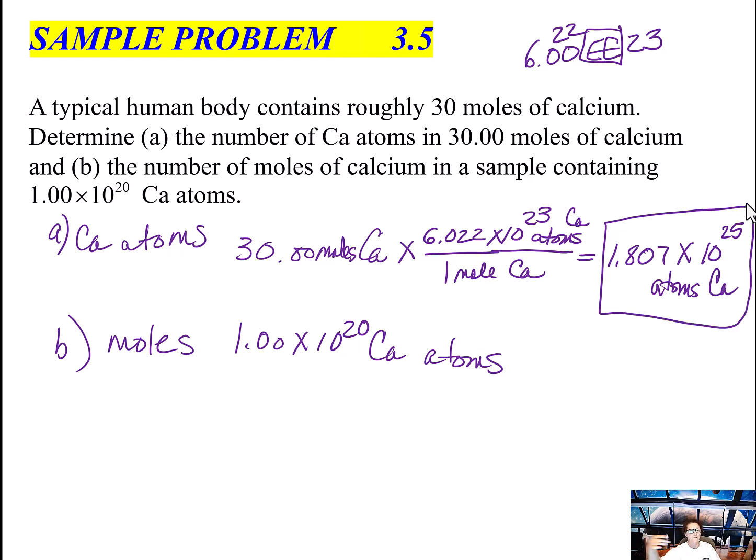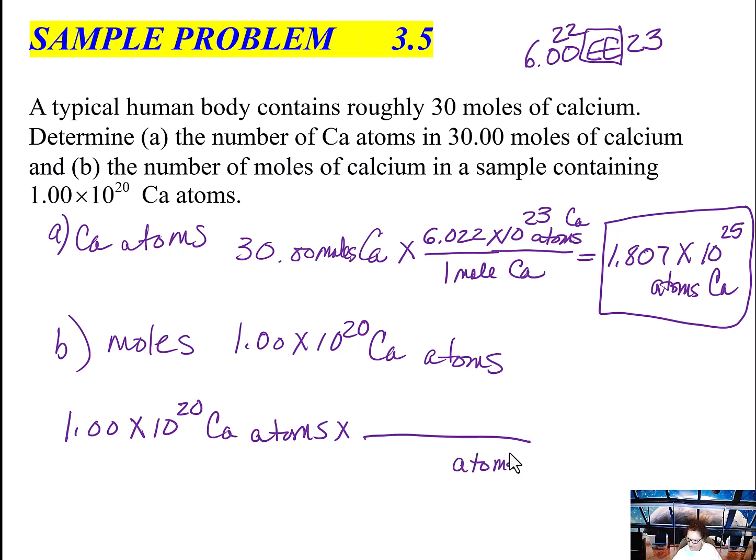All right, and then going the other way, if you start out with 1 times 10 to the 20 calcium atoms, this time you're going to use Avogadro the other way. You got to have the atoms part down here, because just like in that first problem where we were canceling out moles to get atoms in our answer, we need to cancel out atoms to get moles.